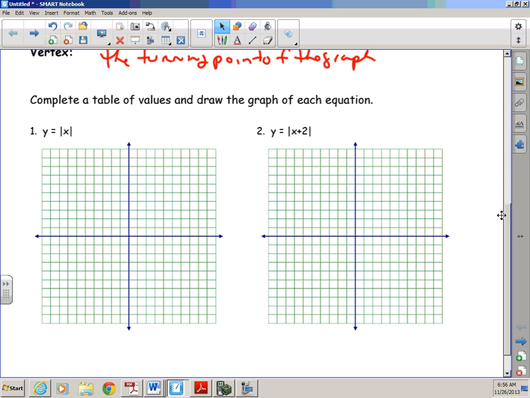So I'm going to show how you do this with your calculator. We'll do the first two. Now you could easily create a table of values for x and then insert and figure out what y is. But you're going to see something in a moment that makes it clear that using your calculator is much easier.